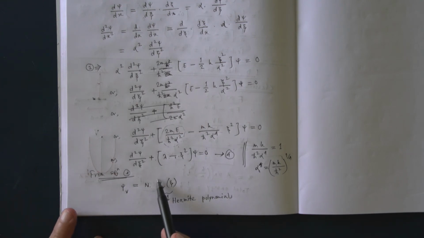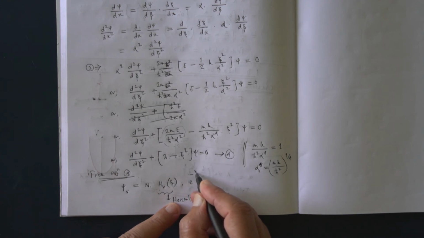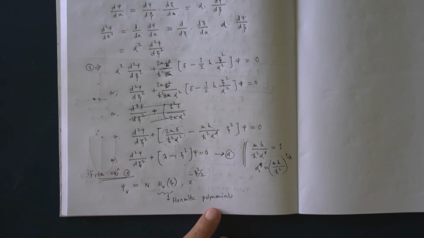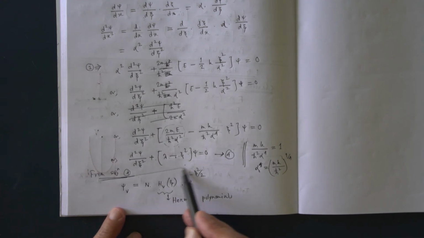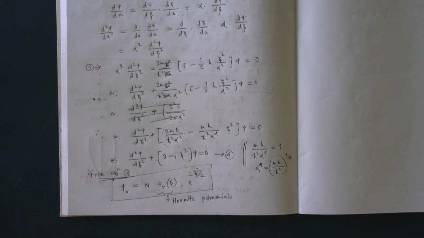So this is the symbol for a polynomial which is called Hermite polynomial. Mind that this is the symbol only. And then we have a function like this, e to the power minus xi square by 2. So this is the value of psi we get.